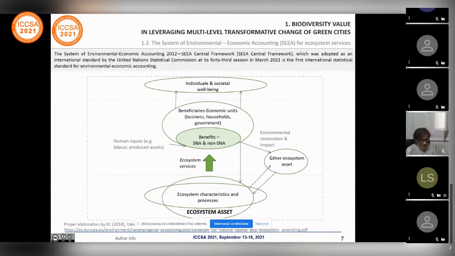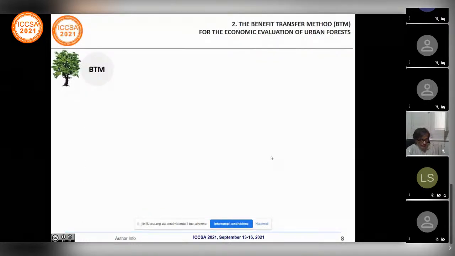The benefit transfer method in particular is a fast and cost-effective method that can enable empirical application in situations of limited resources. It starts from the results of economic analysis relating to areas comparable to the territorial context of study.